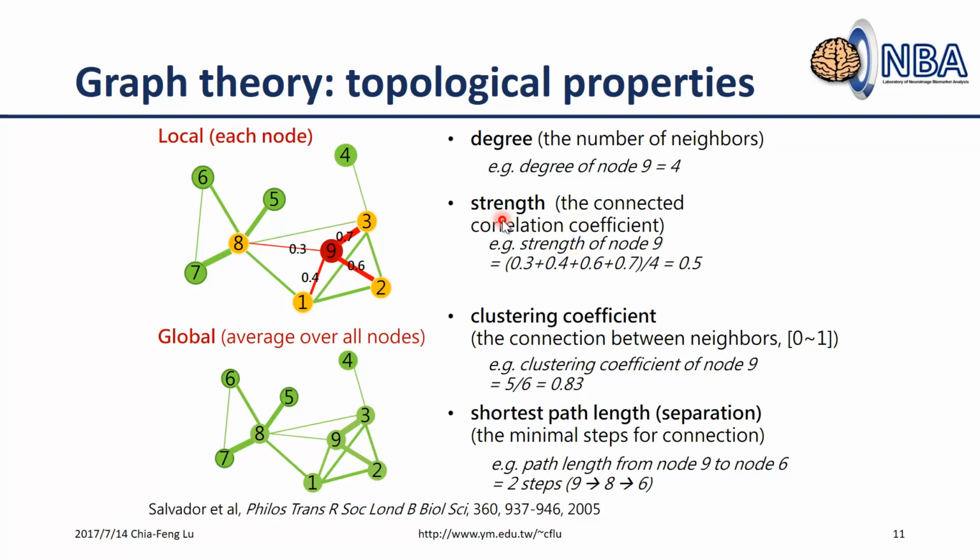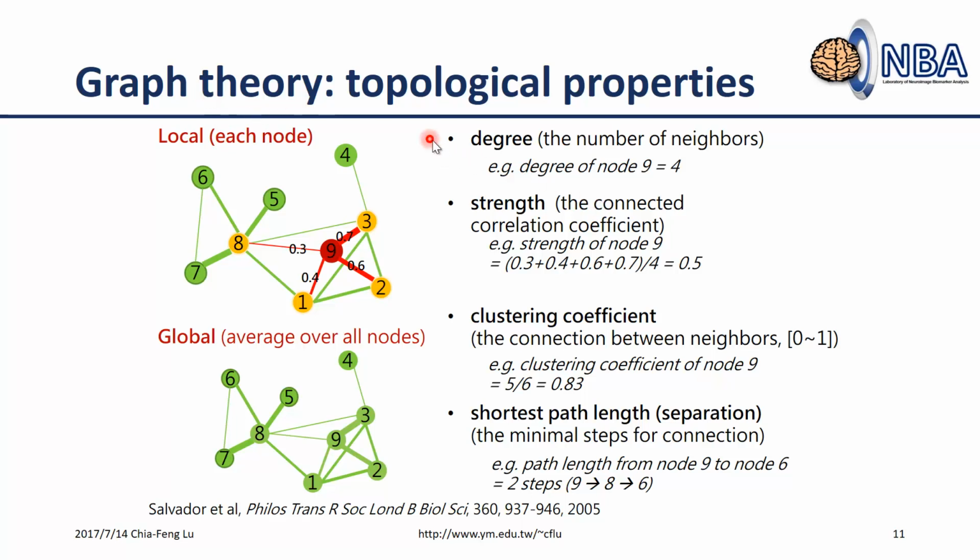So now I will give you 4 examples of how we can measure network properties. We need to base this on graph theory. Graph theory is an approach in which we use quantitative values to quantify, for example, the efficiency of the network or even the connection strength within a network.